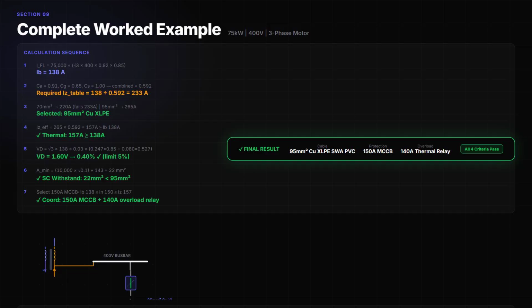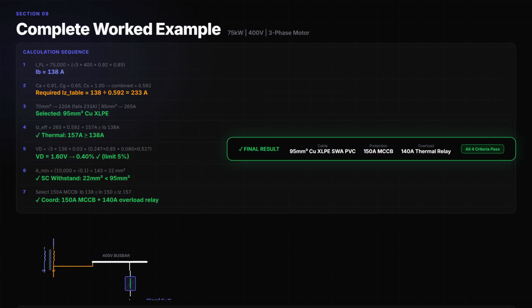Criterion 2 passes. Step 5: short circuit withstand. A min equals 10,000 times root 0.1 divided by 143 equals 22 square millimeters. 95 square millimeter far exceeds this. Criterion 3 passes. Step 6: protection device, 150 ampere MCCB, IB 138 less than IN 150 less than effective IZ 157, all compliant.